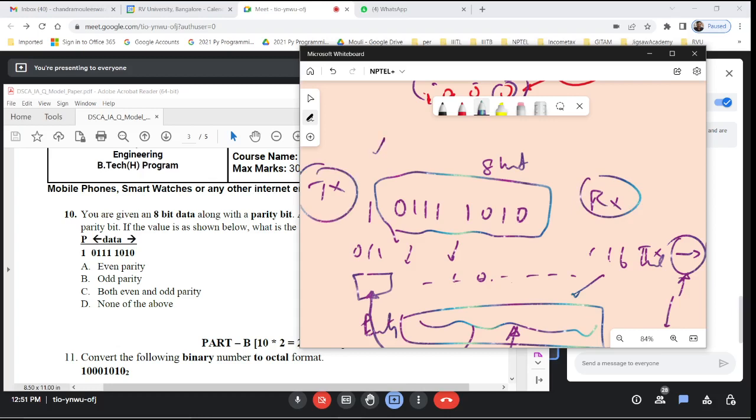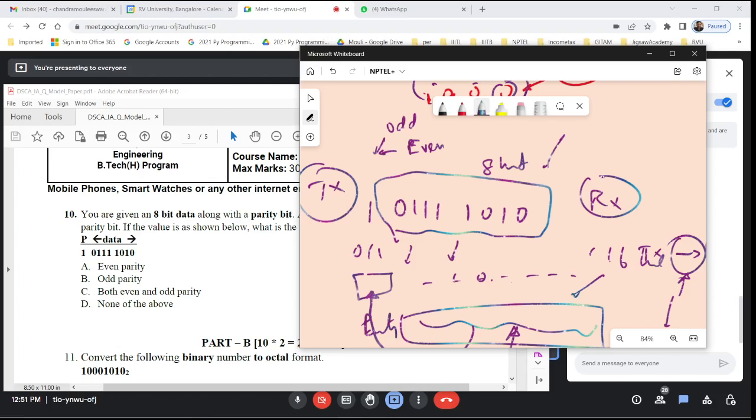It could be odd parity or even parity. This is purely a choice of the designer, of the sender, and between the sender and the receiver, so they should be informed already what parity is going to be followed for a particular data transmission.